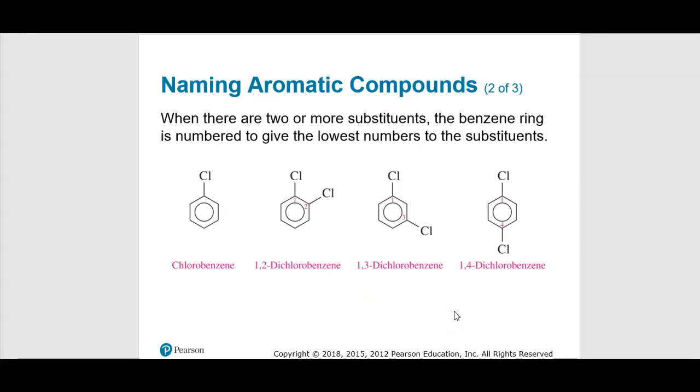And when there's more than one substituent, the benzene ring is numbered to give the lowest numbers to the substituents. There are some little wrinkles to that, though. Okay, with the dichlorobenzenes, you see it's 1,2, 1,3, and 1,4. That should be fairly easy to understand.